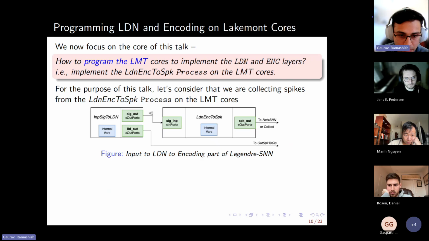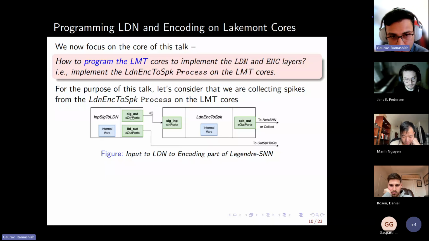Here is a pictorial representation of the two processes that I'll be implementing and talking about in this talk. You have your input signal to LDN process. It has two output ports.